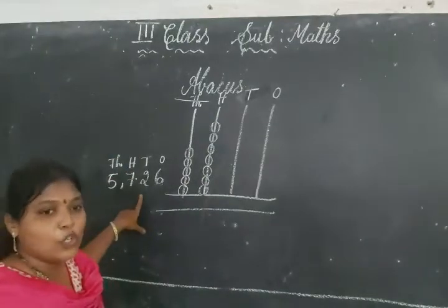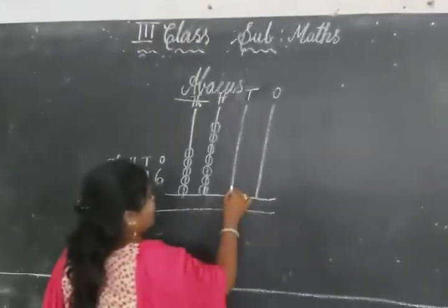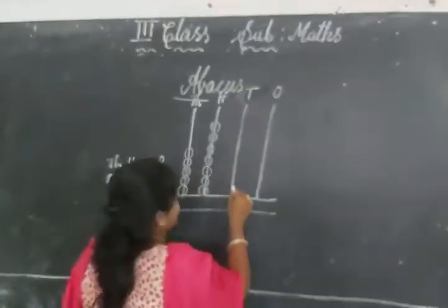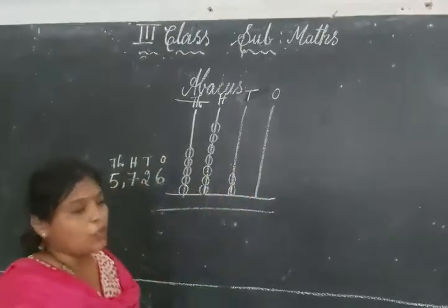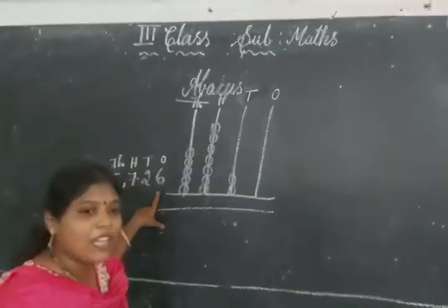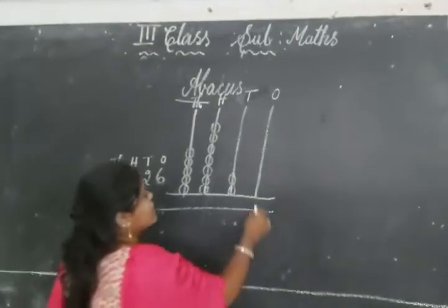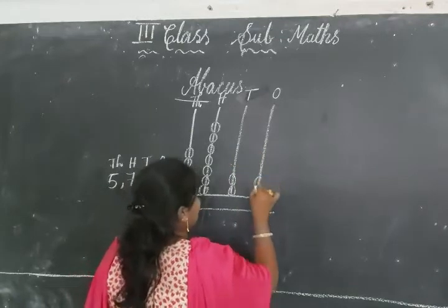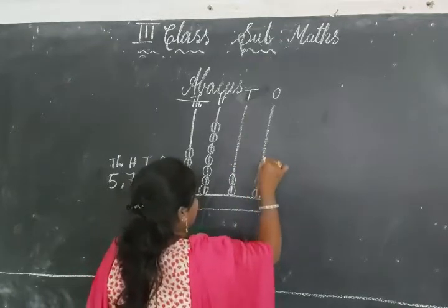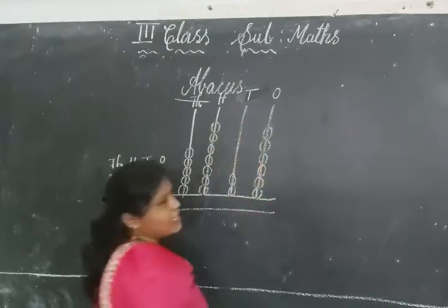It is 2. So, draw 2 beads on tens rod. 1 and 2. Now, what is the digit in ones place, children? It is 6. Come on, draw 6 beads on ones rod. 1, 2, 3, 4, 5 and 6.